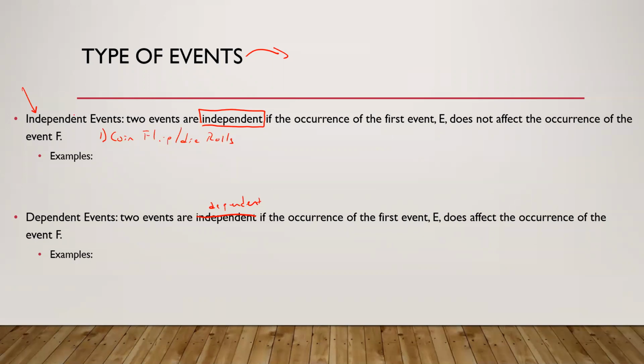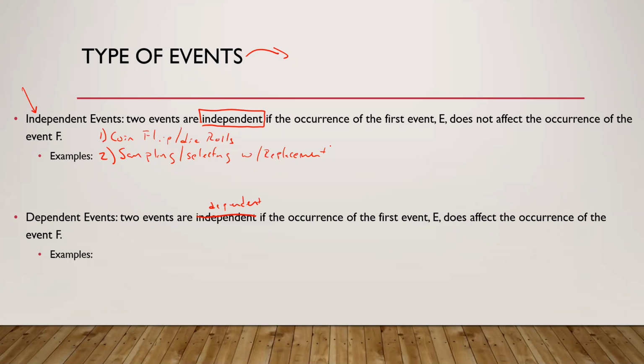Another example of this would be sampling or selecting with replacement. So for example, suppose I say, I want you to draw 2 cards from a deck of cards, one after the other, but after you draw the first card, you put it back in the deck, okay?